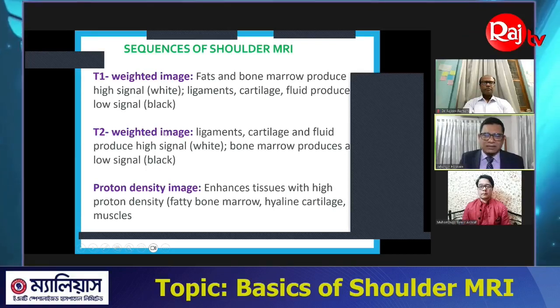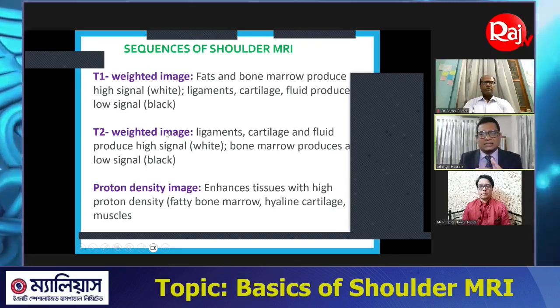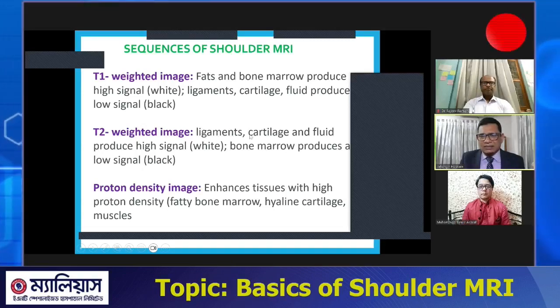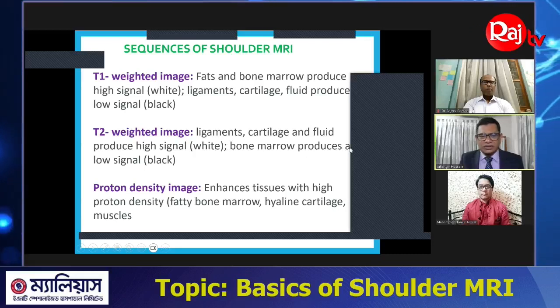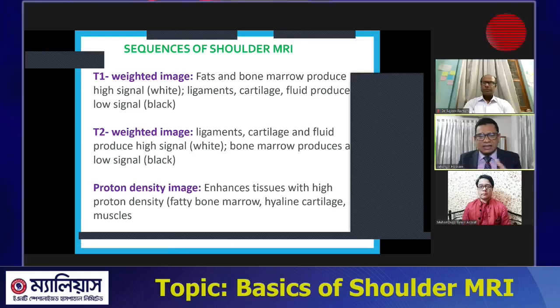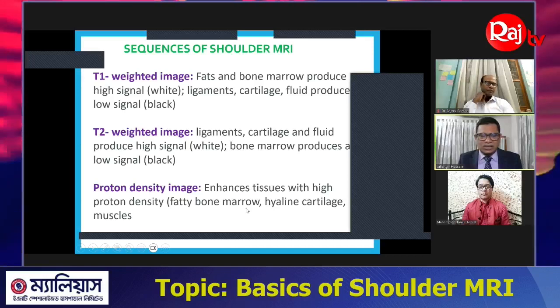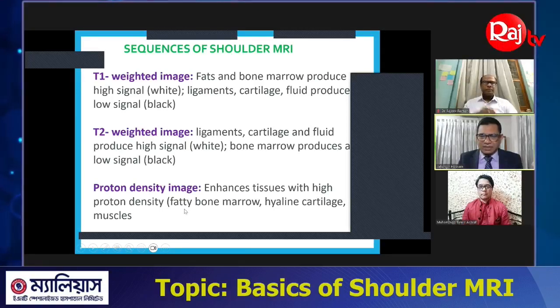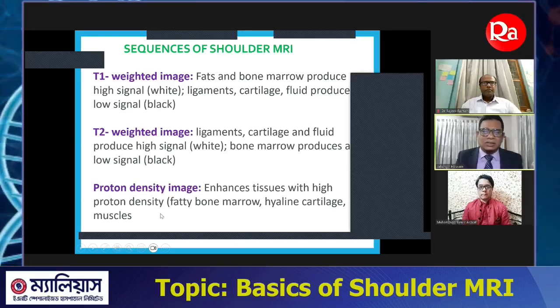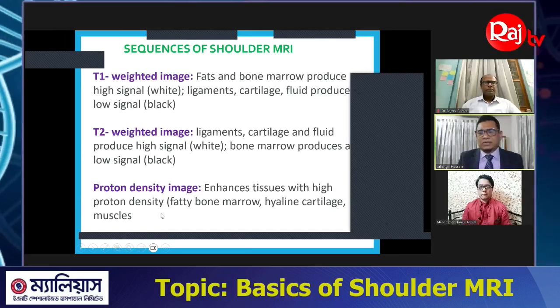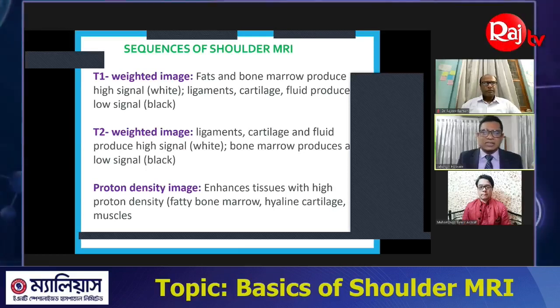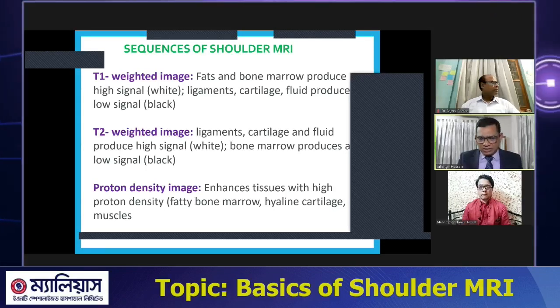The T2 weighted image actually detects the pathology: ligaments, cartilage, and fluid produce high signal, white, and bone marrow produces a low signal, black, when there is pathology. And in the proton density image, we can enhance the tissues with high proton density like fatty bone marrow, hyaline cartilage, and muscles.